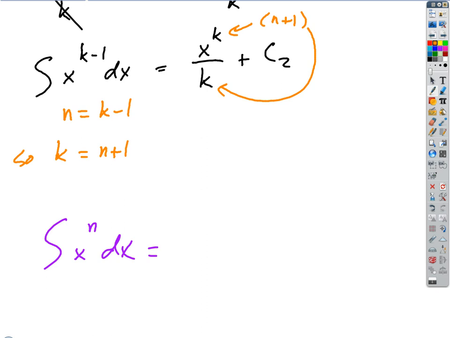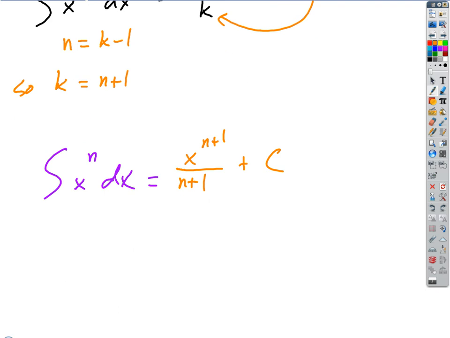And then my answer looks like x to the n plus 1 over n plus 1 plus, finally we'll just call that C now that we're done making changes to it. I guess we were done there, weren't we? And so there is my working power rule for antiderivatives.